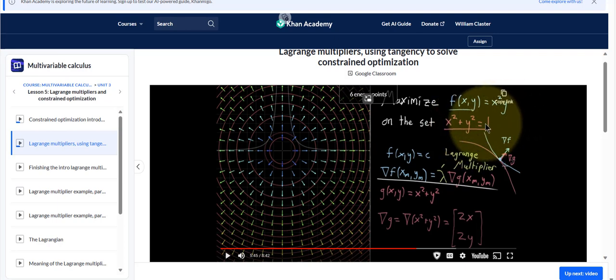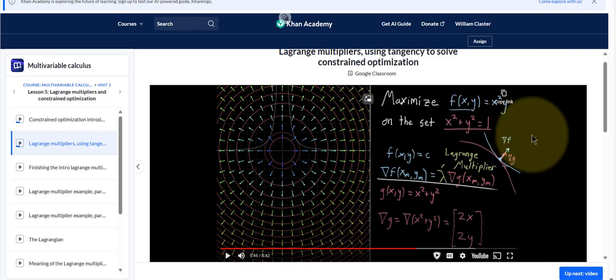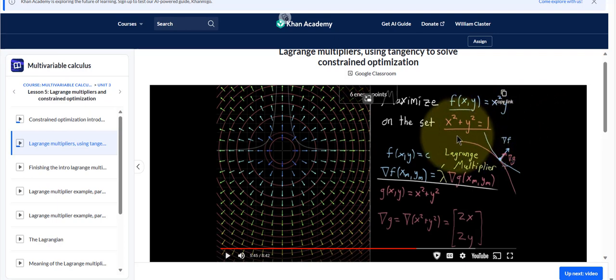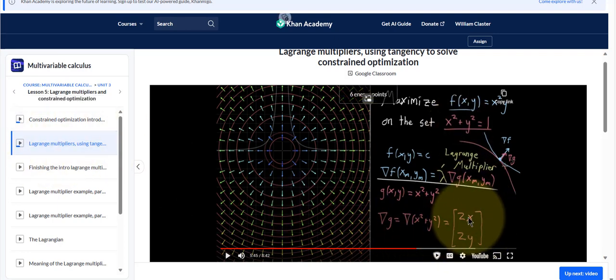So he moves this over to the other side. Then if we take the partial derivative of that, I make this minus 1 equals 0. And if I take the partial derivative of this with respect to x, I just get 2x. And with respect to y, I get 2y. So that's what he has here.